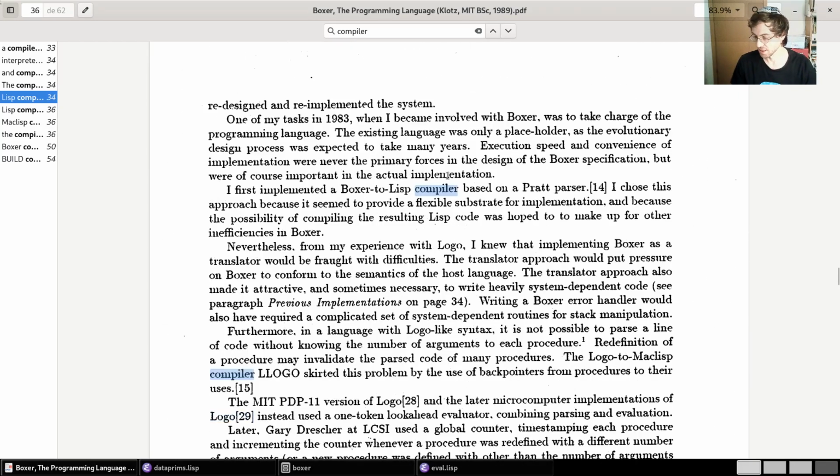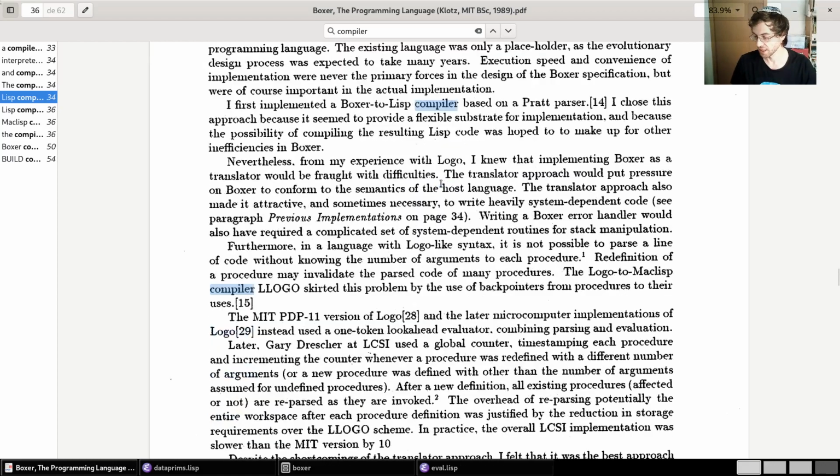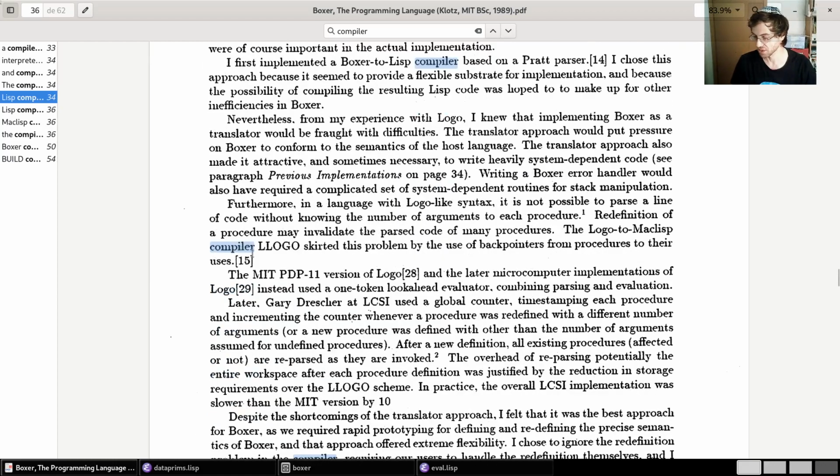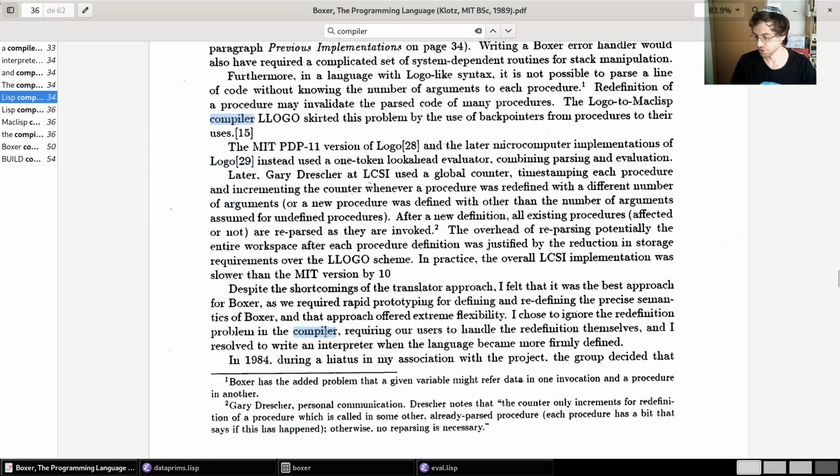They did a third compiler, and possibly, I'm not sure if it's a distinct one, a fourth compiler. And what's surprising here is that they knew compilers are not a good technique for implementing Boxer. It is inherently a dynamic system. Binding of functions happens very dynamically. It's late binding. You can't really statically analyze it, and this creates problems for compilers.